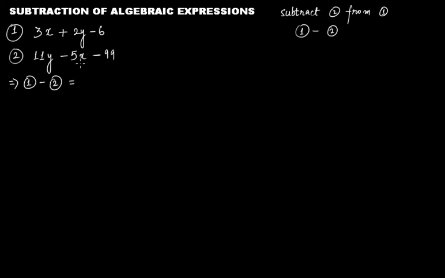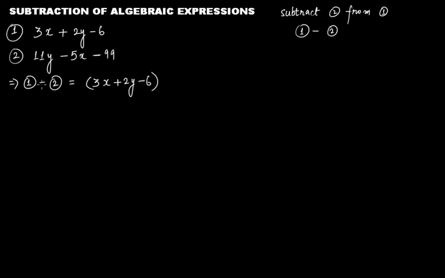If you remember, when we were learning addition of algebraic expressions, we learned that it's always good practice to put expressions within brackets. And we said that when we learn about subtraction of algebraic expressions, the importance of brackets will be clear to us. So let's put expression 1 within a bracket, 3x plus 2y minus 6.